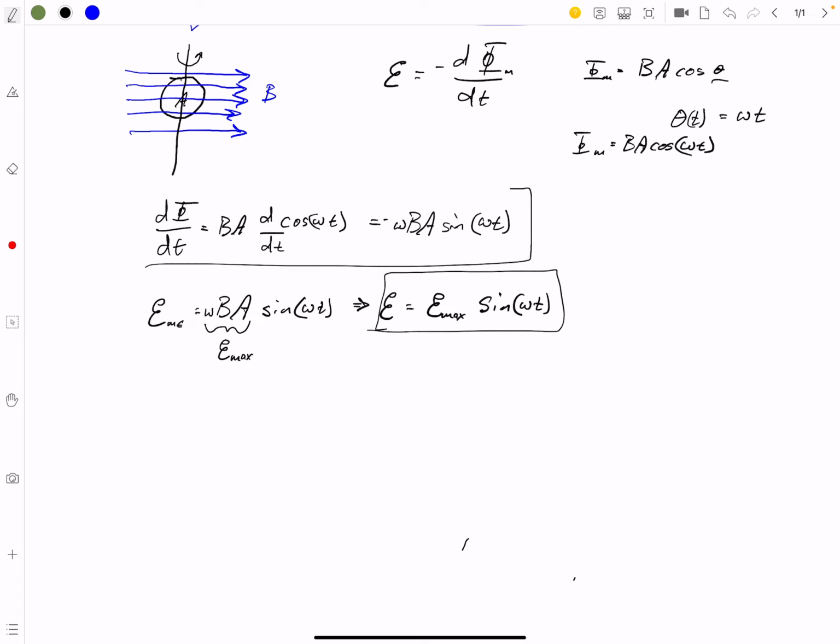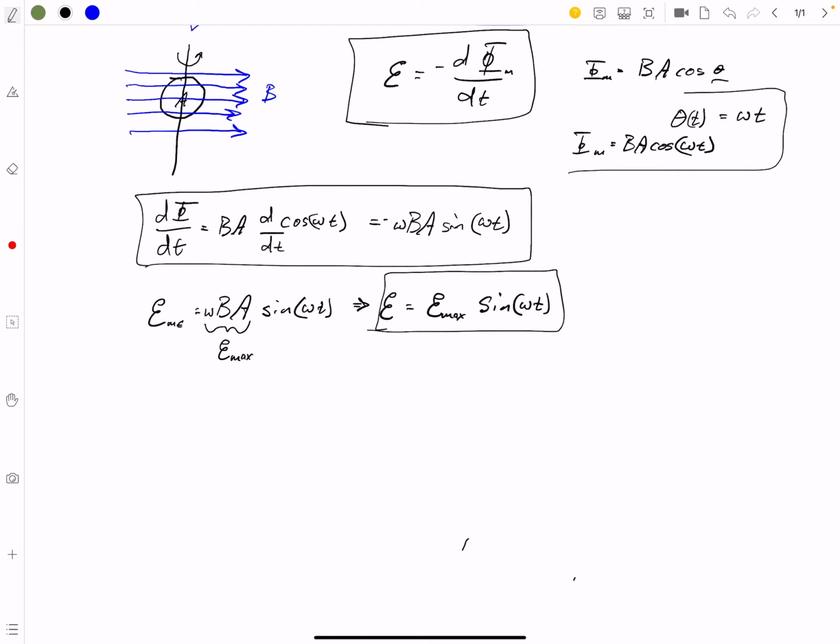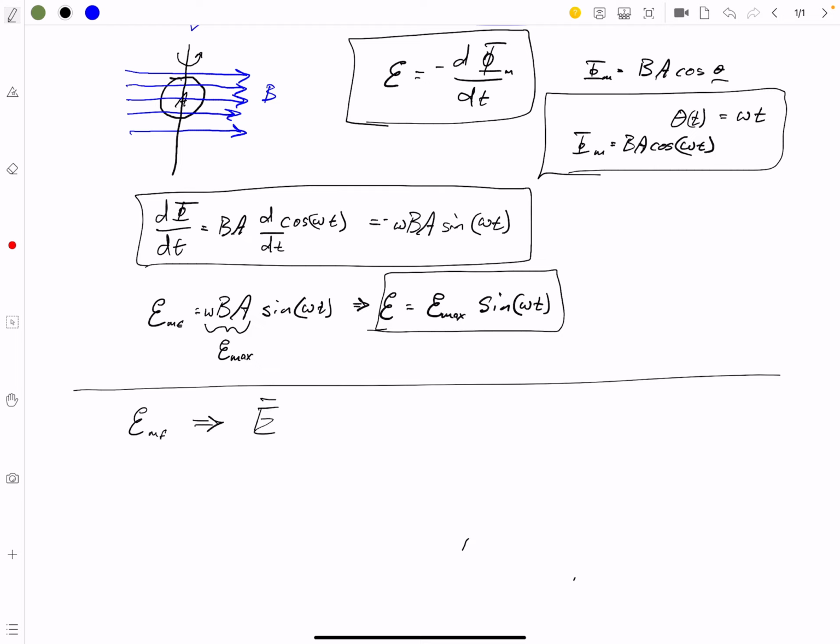And all because we did these things. So if we have an EMF, we have an E field. So EMF implies E field.